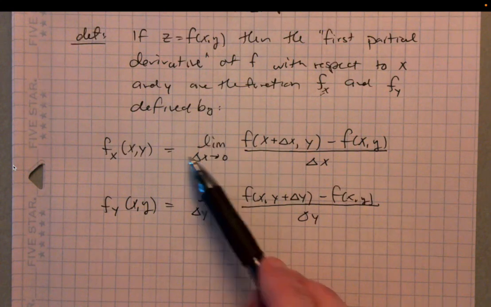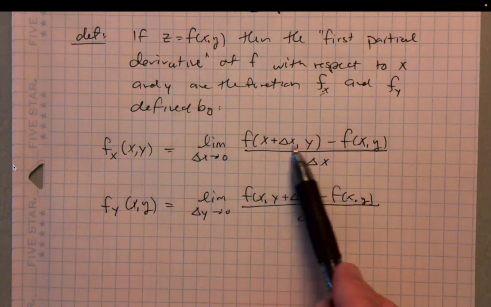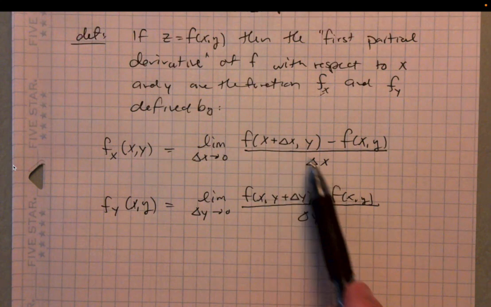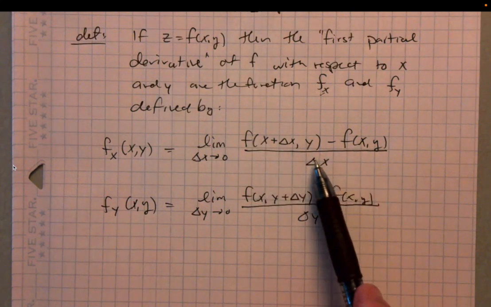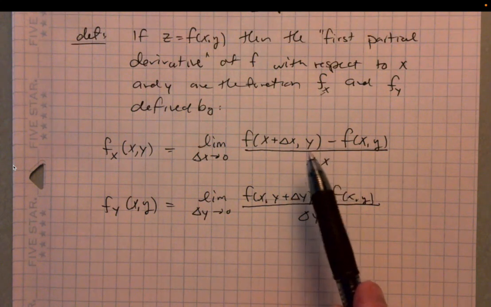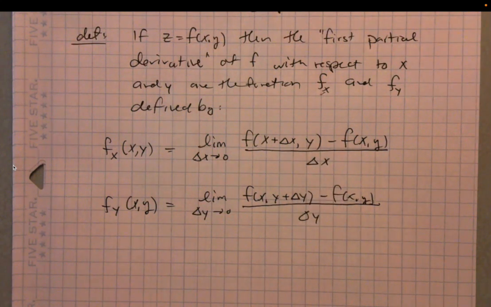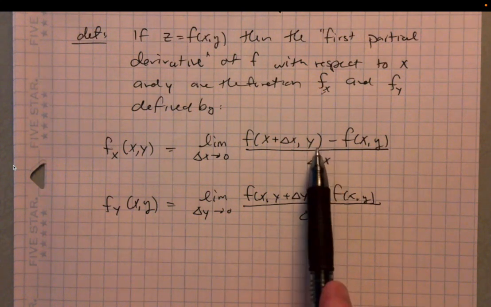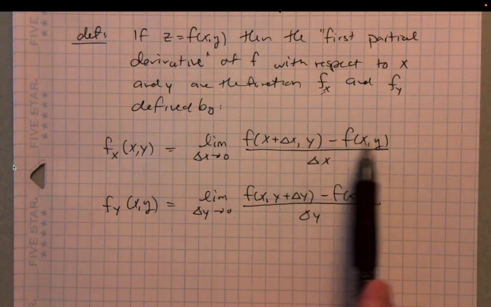So you have the limit as delta x goes to 0, so you're just off of x by a small delta x here, right? And it's basically the same definition as we saw in Calculus 1 of the derivative of f of x with respect to x, except here you've got the y variable included as well, treated as though it's a constant in the function.